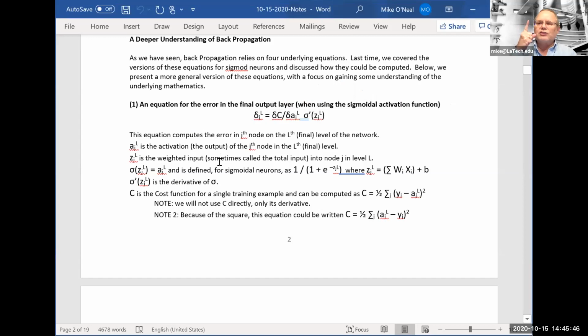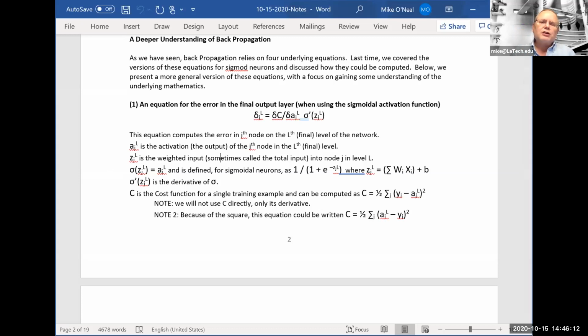We have an equation for computing the error in the final layer, the bias gradients for the nodes in the final layer. We then have an equation for computing the bias gradients in the intermediate layers, or the non-final layers. And then we have an equation for computing the gradients for the weights. Those are the three equations that we have.